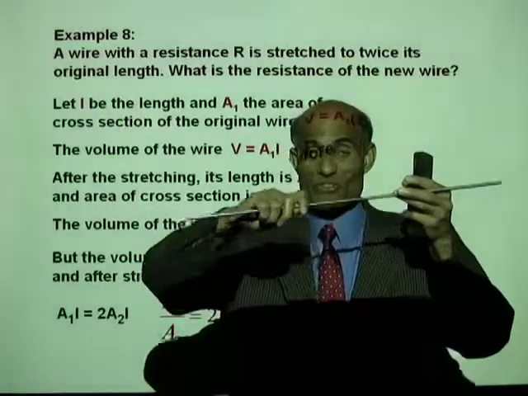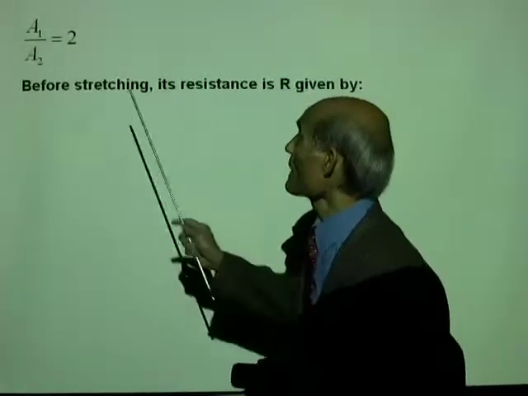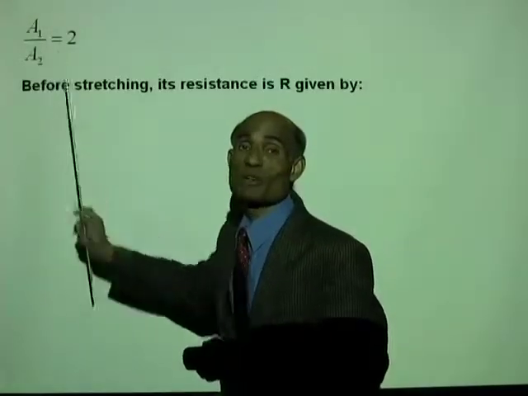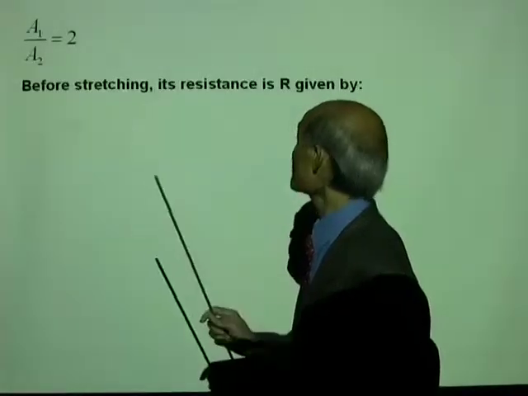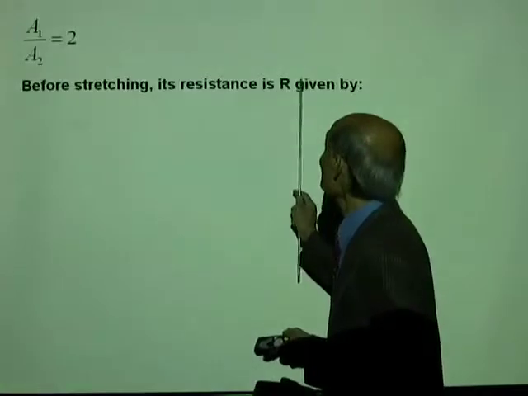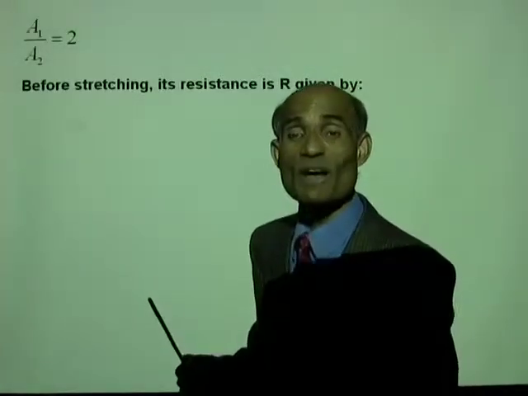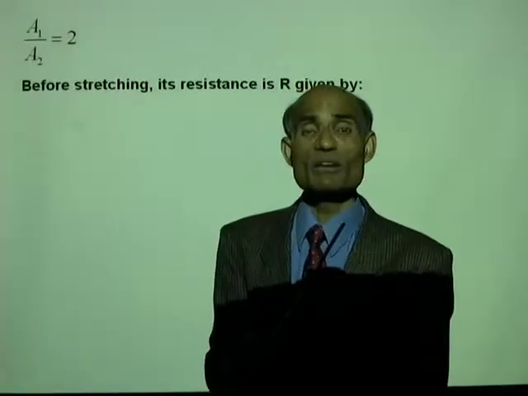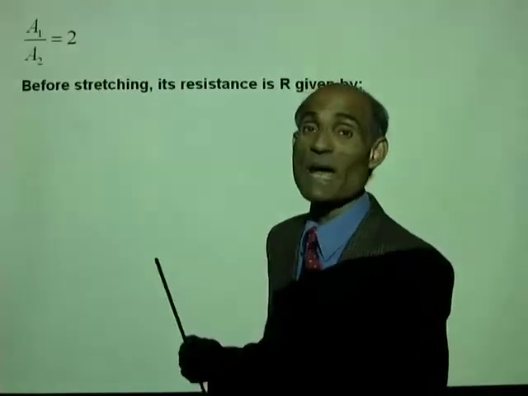What is the resistance of the wire when it is stretched? Well, we keep this value, A1 over A2 equal to 2. Before stretching, its resistance is R, and let's write down a relation for that. What does R depend on? R equals rho L over A1.